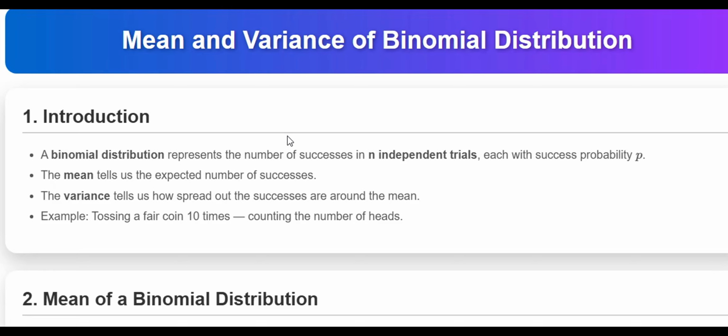Hello. In lesson 9, we talked about the binomial distribution. So in this last lesson in this series, we talk about the mean and the variance of the binomial distribution, which is very easy.